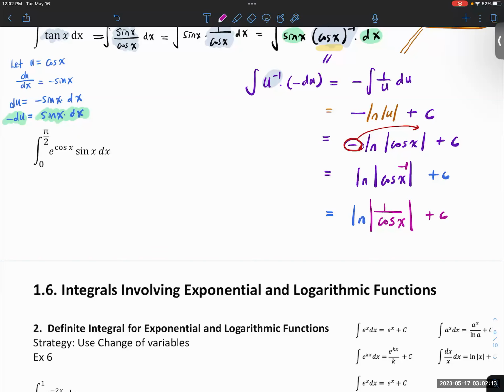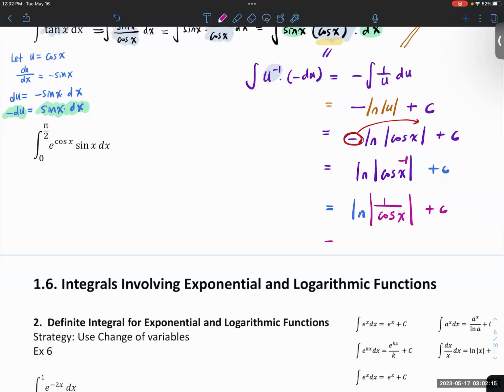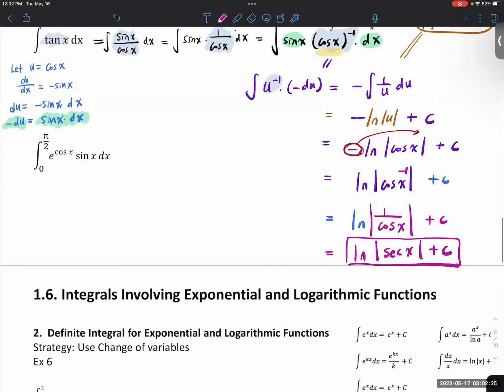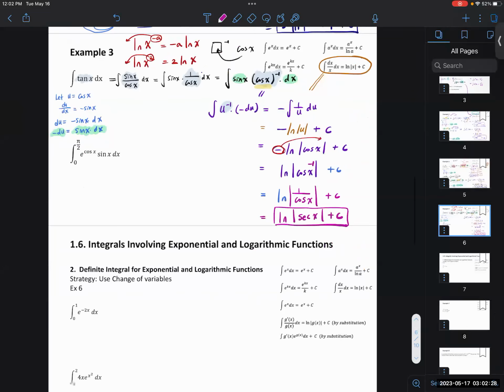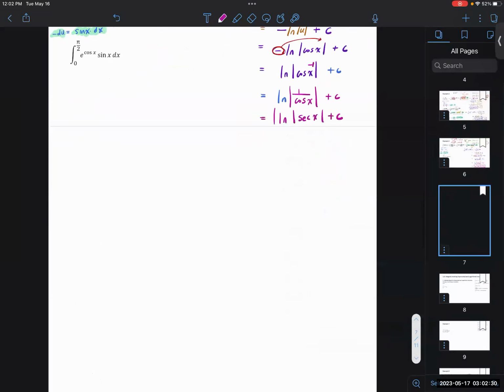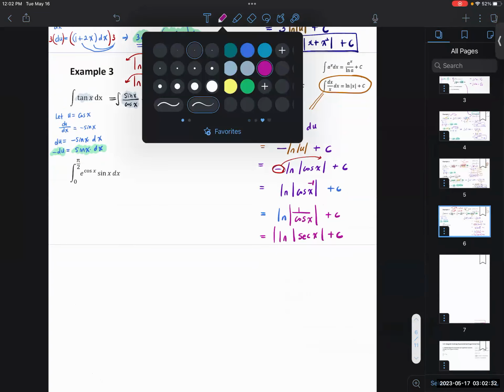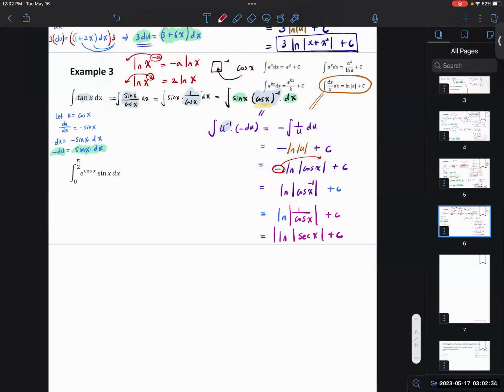And then if you remember, 1/cosine x is the same as secant x. So therefore, the final answer is this. You can check with that. I'm going to make a little bit of note for you. To understand this question, check the identities of the log function.